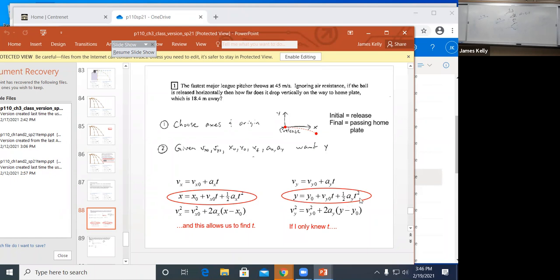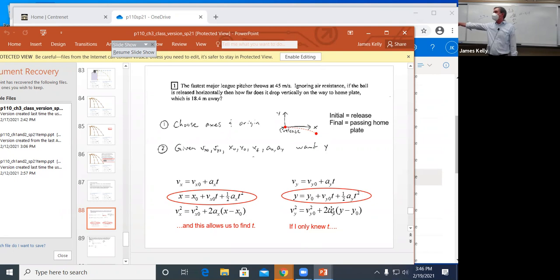So looking at this second kinematics equation here, that's going to allow me to find y final. I know y initial is 0. What's Vy initial here? If this is initial and this is final and these are my axes, what's Vy initial? It's 0 because it's moving horizontally.